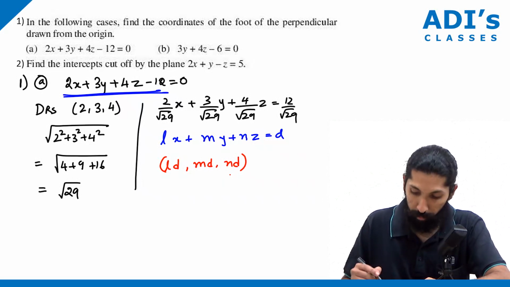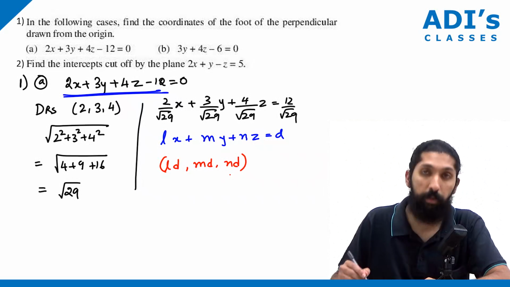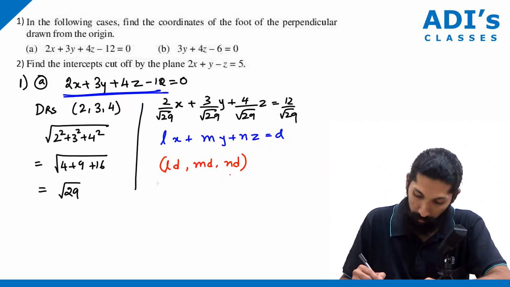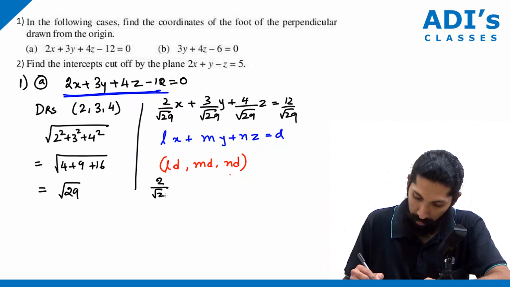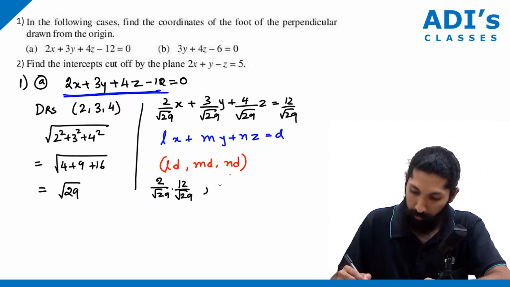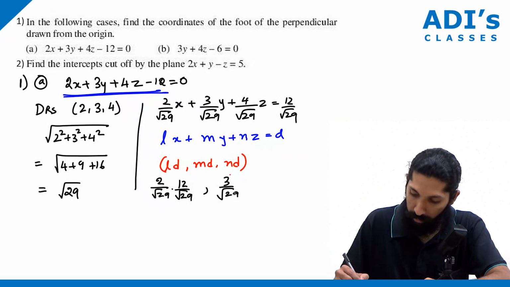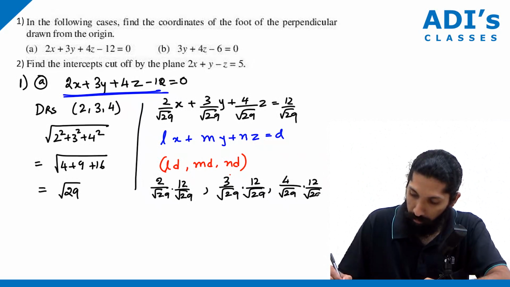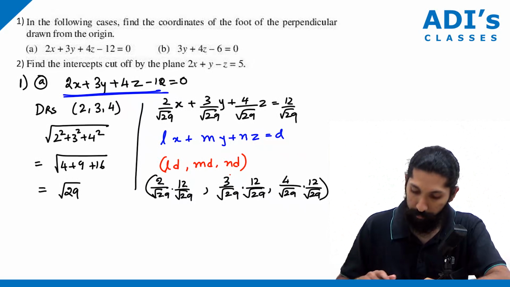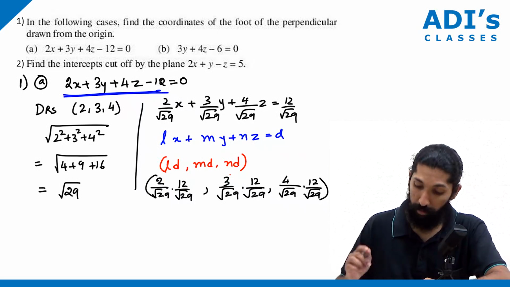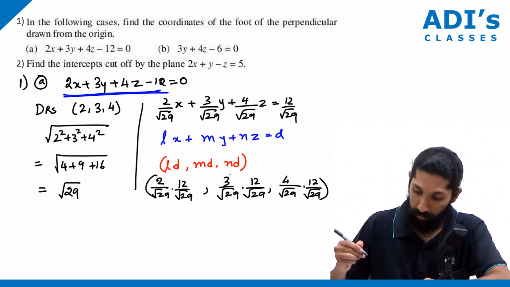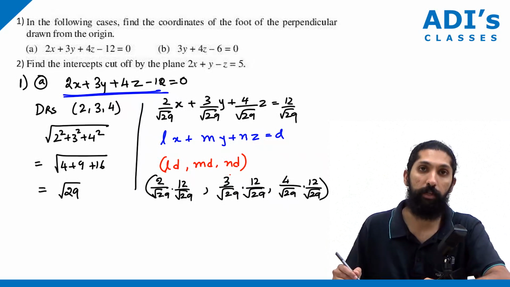So we have 2 by root 29 into 12 by root 29, comma 3 by root 29 into 12 by root 29, finally 4 by root 29 into 12 by root 29. This is the point. That means you'll get 24 by 29, 36 by 29 and 48 by 29.